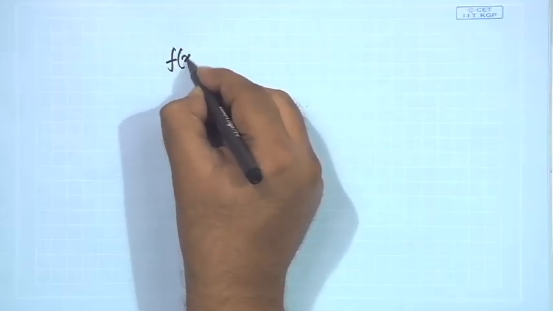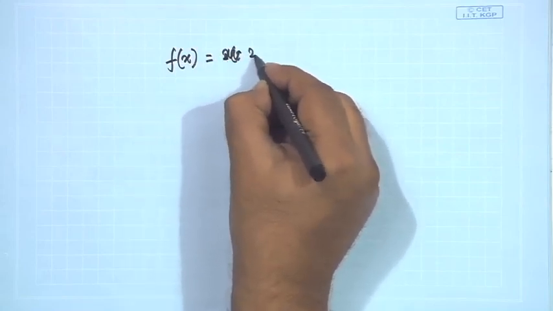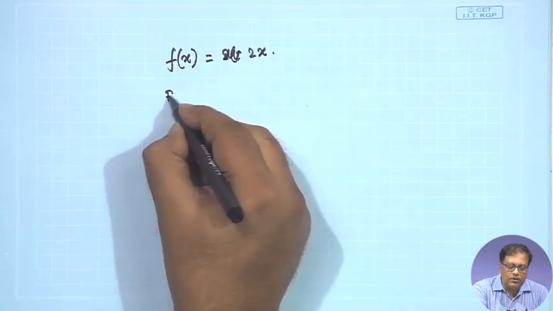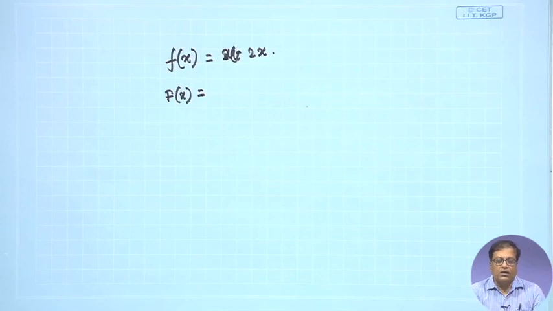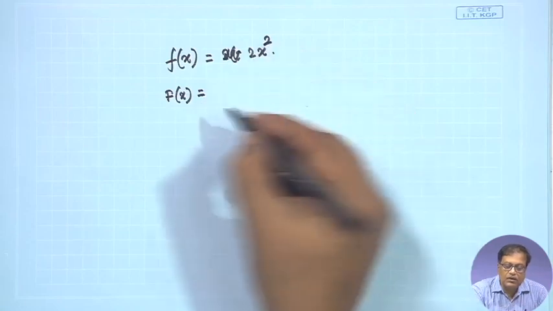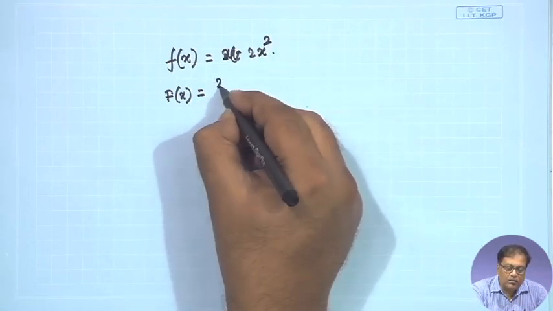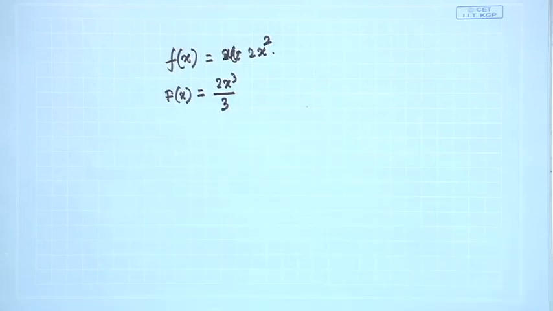We have to compute the cumulative distribution function F(x), which would be how much? It will be 2x cube by 3, right, because that will be the integration. So, that integration would result in 2x cube by 3.